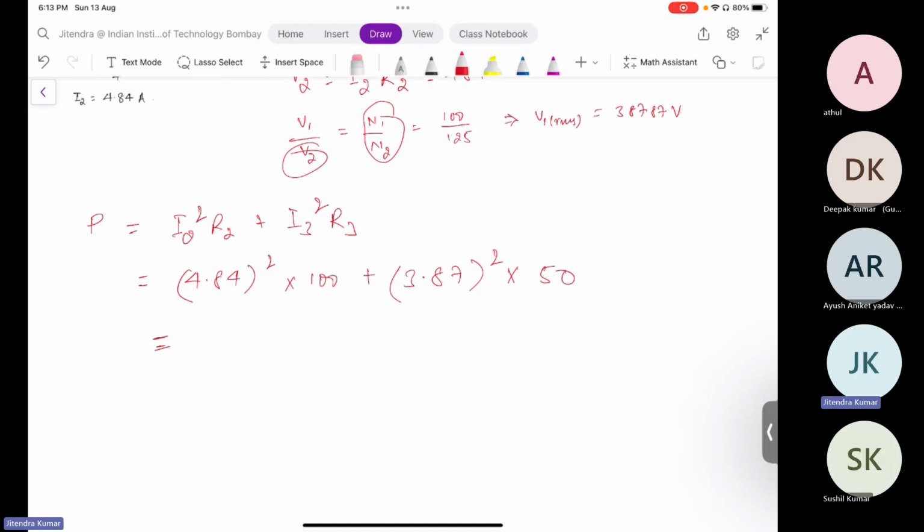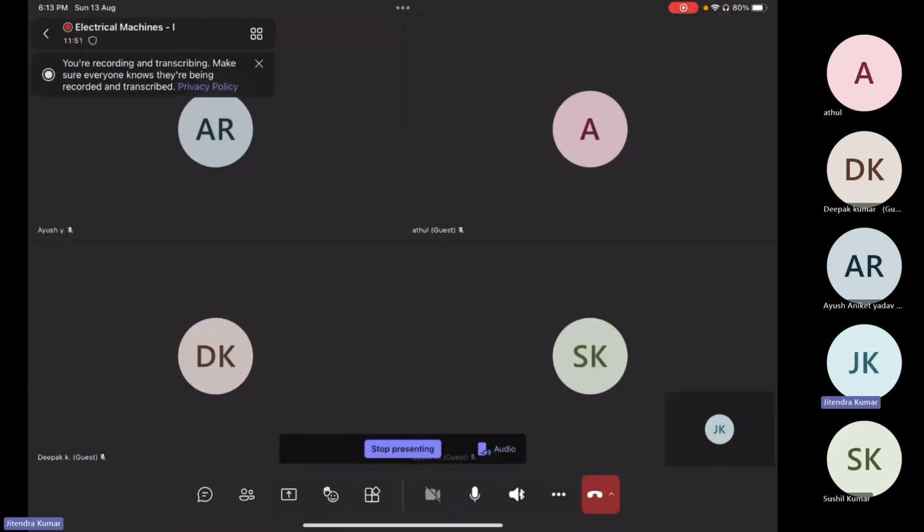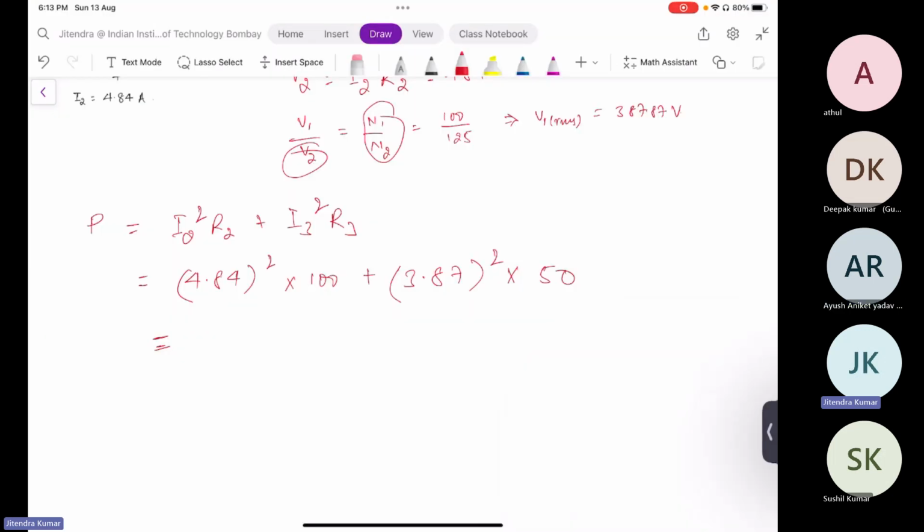Anyone? Sir, 3091.405 watts. Huh. How much? 3091 point? 405 watts.